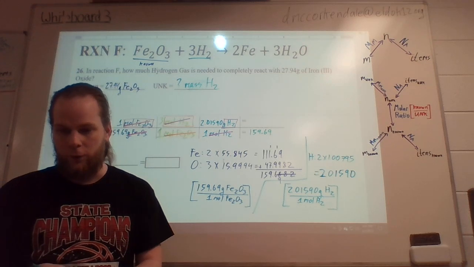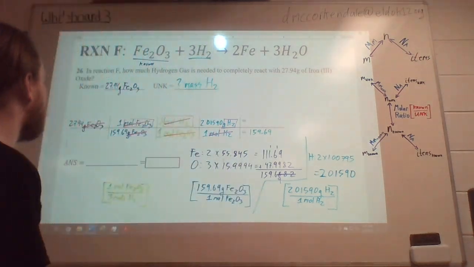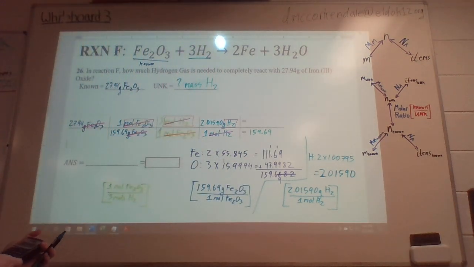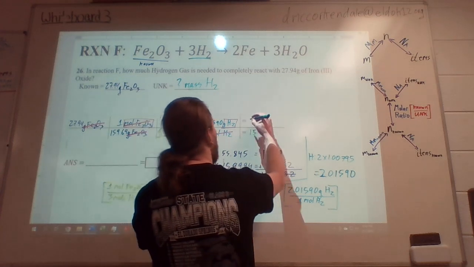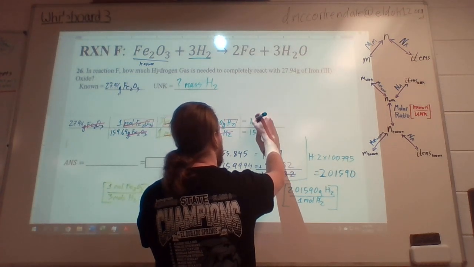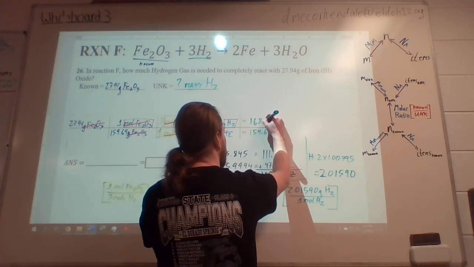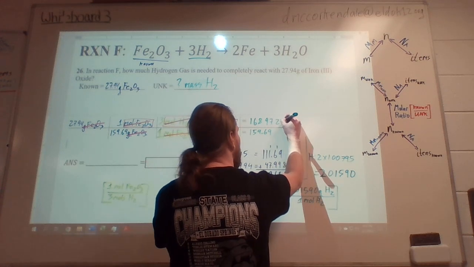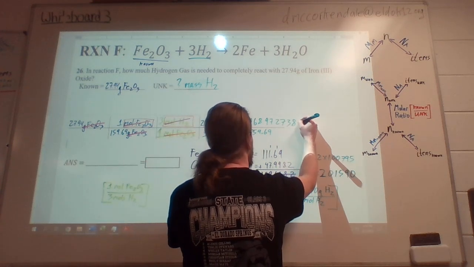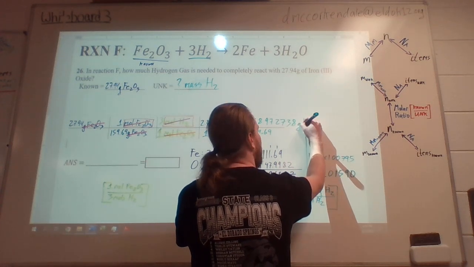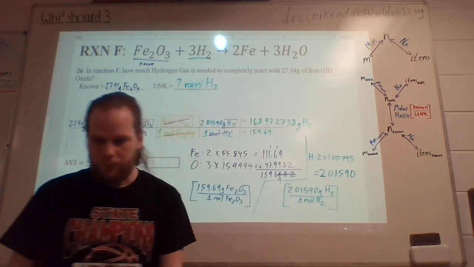And I'm going to use a calculator to do the rest. 27.94 times 3 times 2.0159 equals 168.972738, and that's going to be grams of H2.